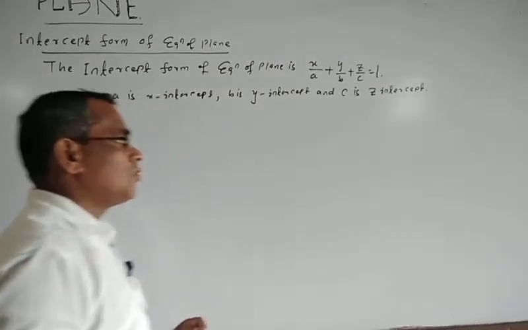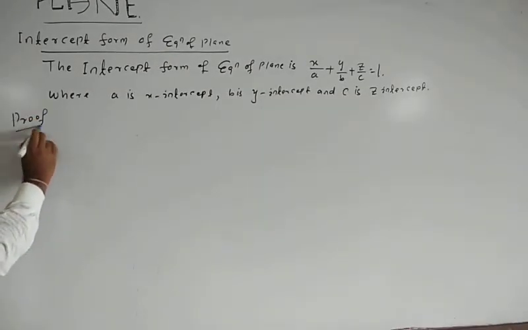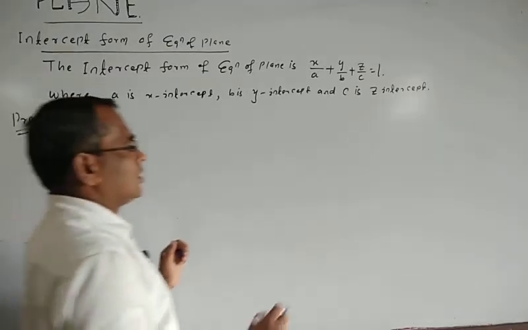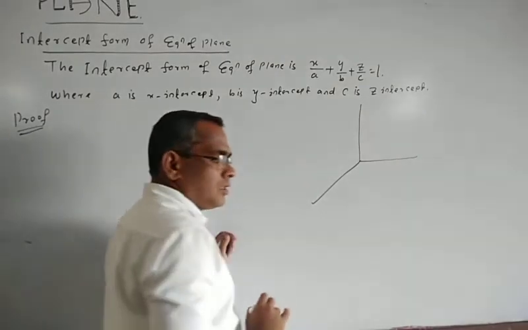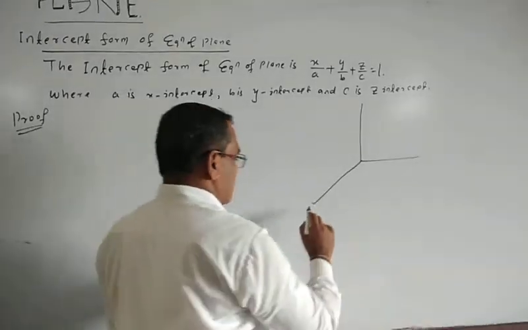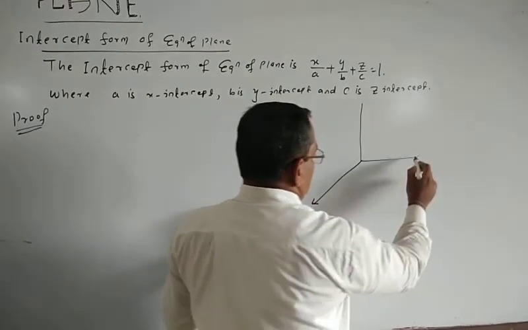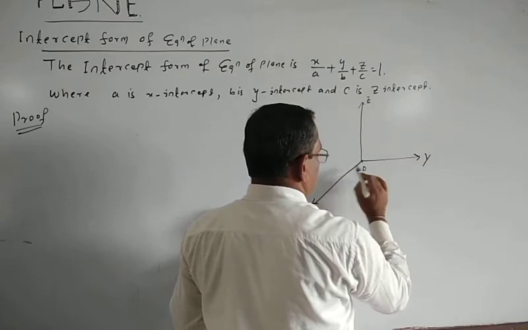So how to prove this one? Now we prove this. Here is the coordinate axes, and the plane intercepts the coordinate axes. This one is the x axis, this one is the y axis, this is the z axis, and this is the origin.